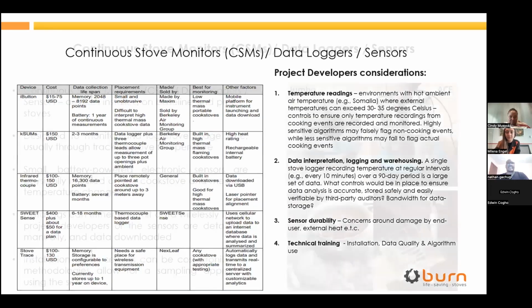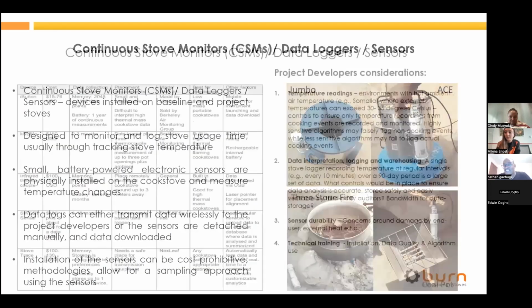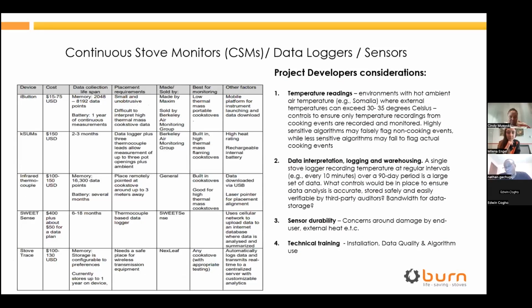Quick snapshot of what the project developer concerns are here. They are costly. There's no real way to mask that. A good, reliable sensor will cost a project developer anything from $7 to north of $100, depending on the kind of feedback they want to receive.